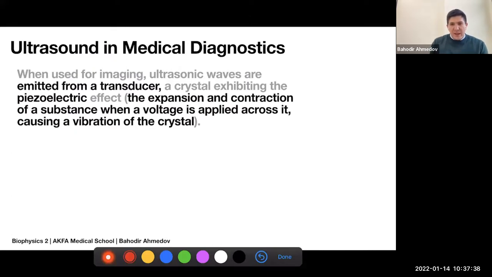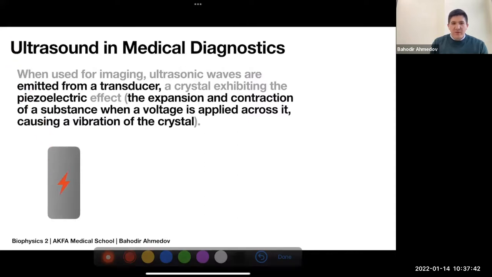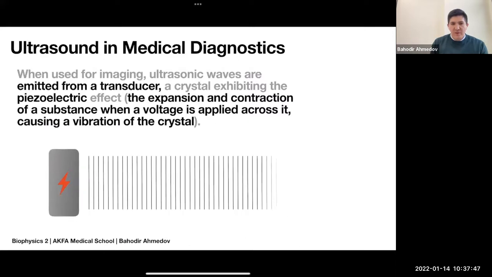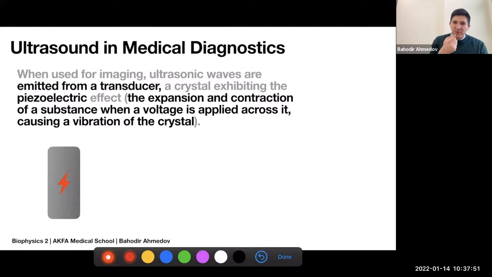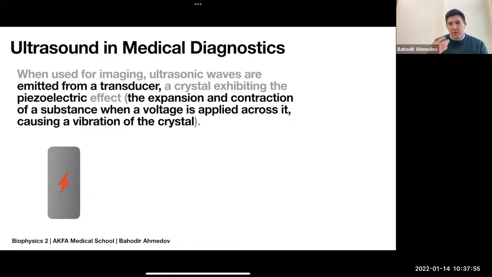The idea of how it works is that we're going to have the transducer, which basically is going to create some sound. It's going to create some pressure around itself in the air, and it's going to create the ultrasound.